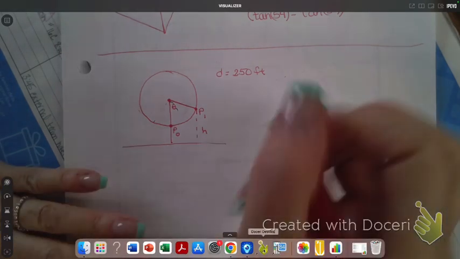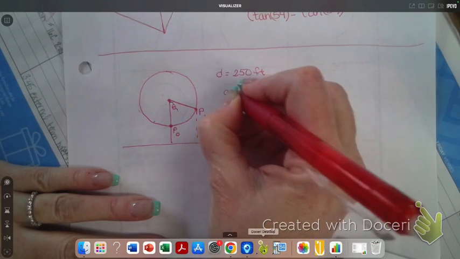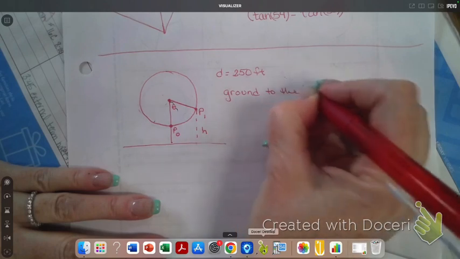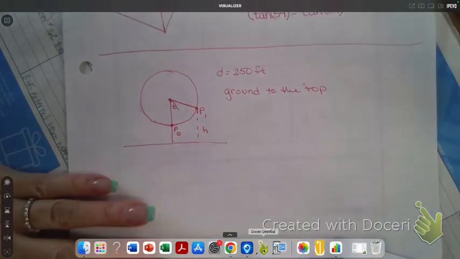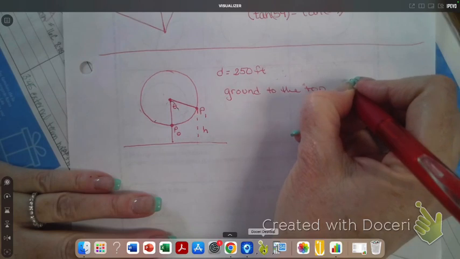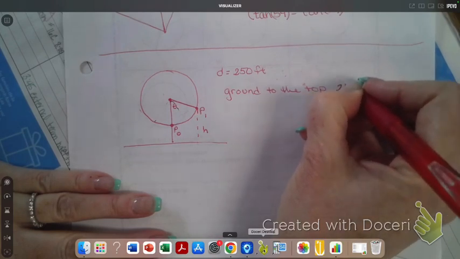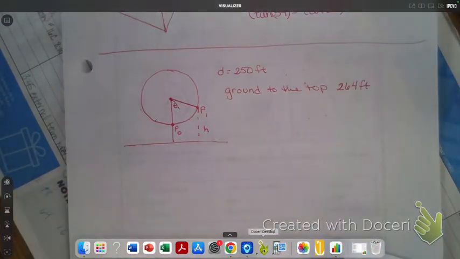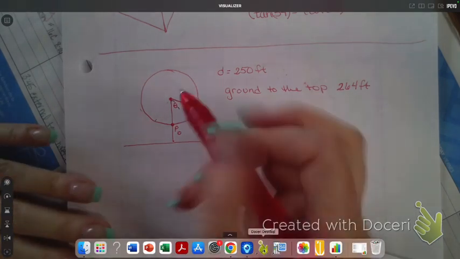And from the ground to the top, it is 264 feet. 600 feet would be horrible. Okay. I do think one of the problems says use the information given to you. It's on the very first page of this section, so you just have to scroll back or use this problem.